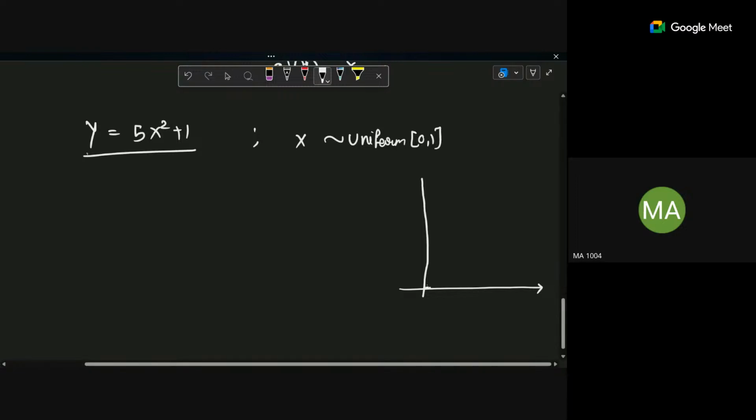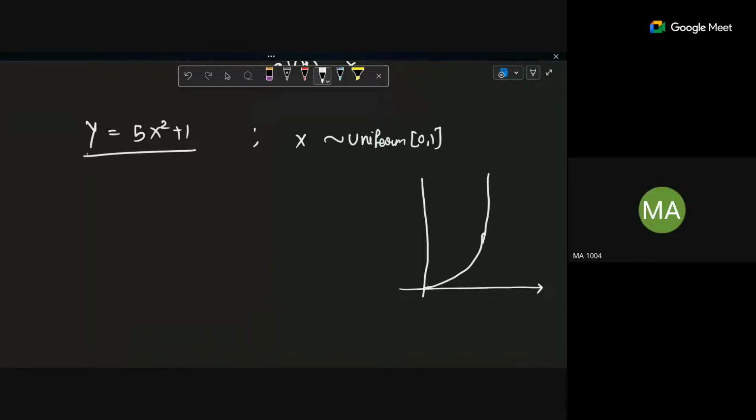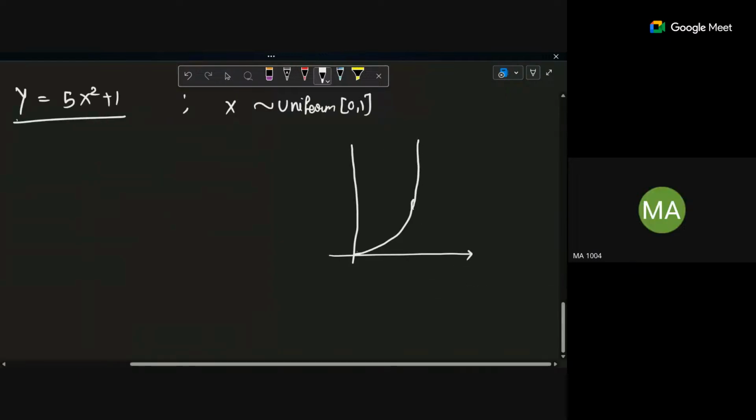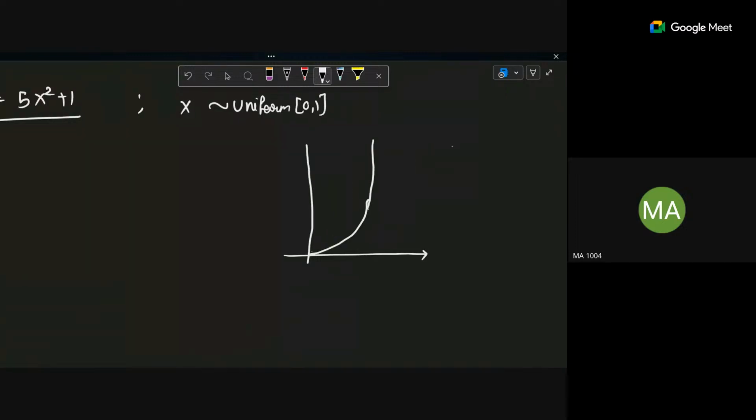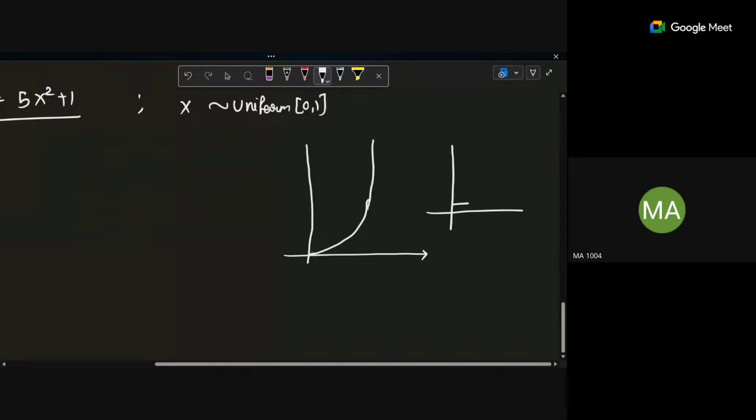Strictly increasing or strictly decreasing is also fine. But a step function can also be monotonic, which is just increasing, not strictly increasing. Like, if there is a function whose graph is like this, then this is also a monotonic function, okay?